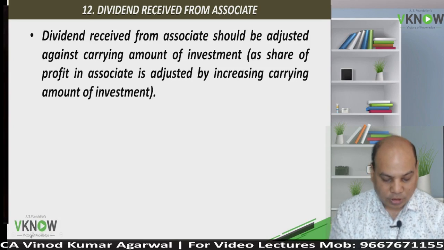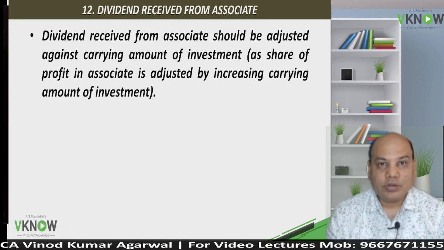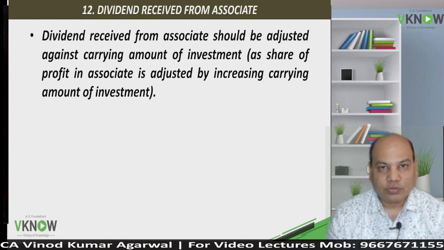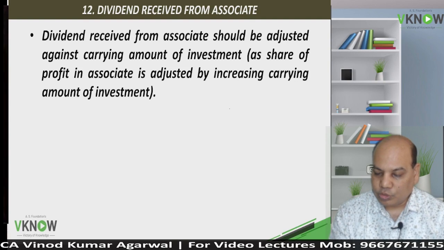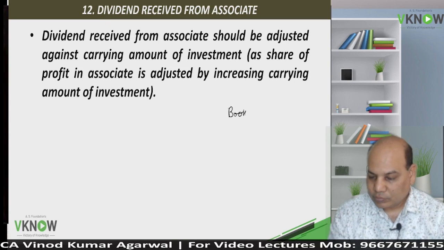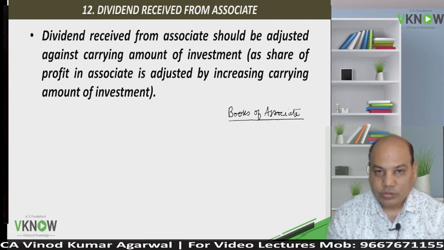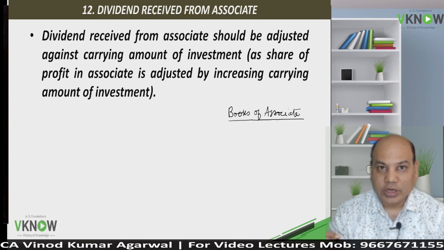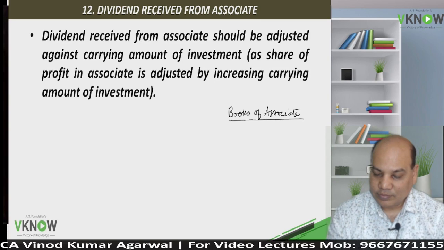Okay. Now the student of our course should have the basic knowledge. Suppose we are in the books of associate. So I am going to ask you a question. What entry do they pass when they declare the dividend?